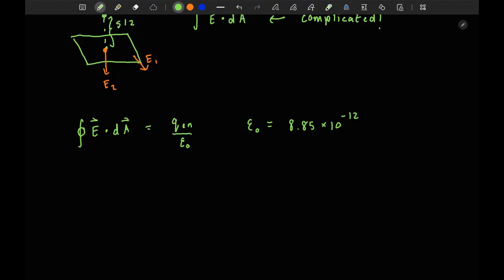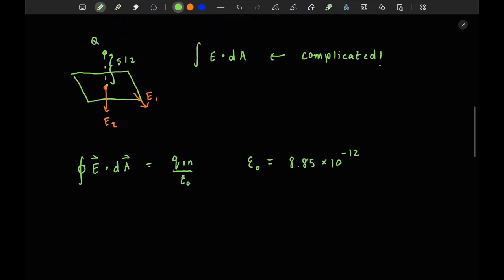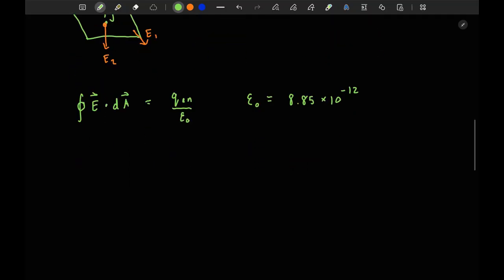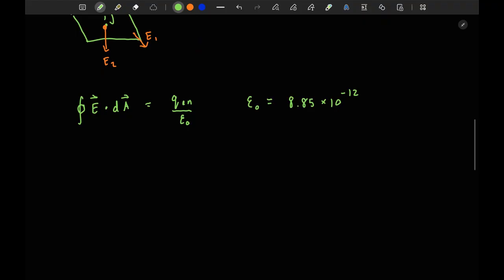Now, how is this useful in terms of the problem we just discussed, where we would like to know the flux through a square with side length s due to a point charge a distance s over 2 above it? Well, what I can do is instead enclose the charge with a cube, now a closed surface, of side length s.